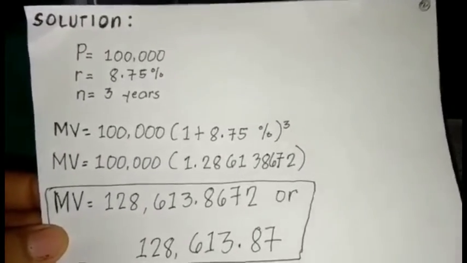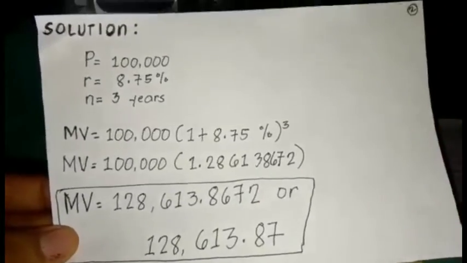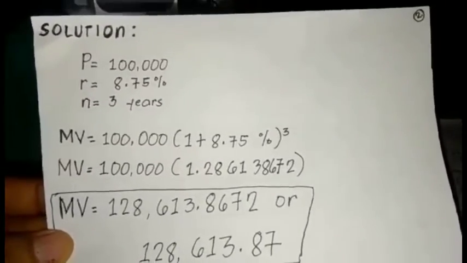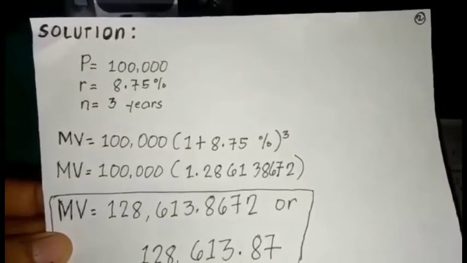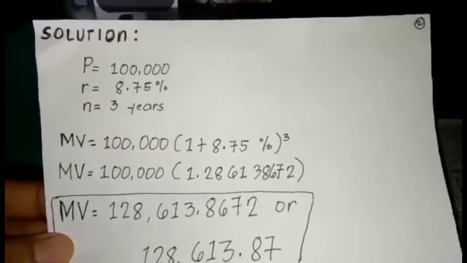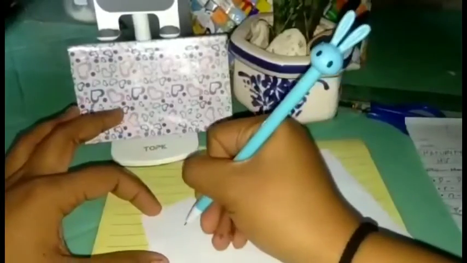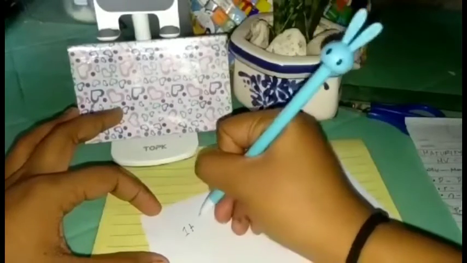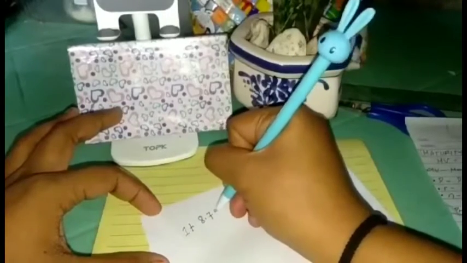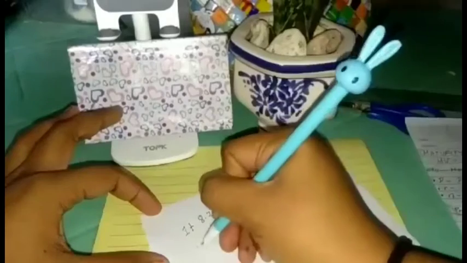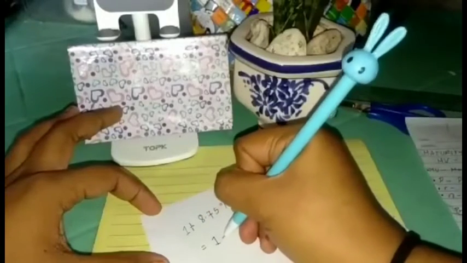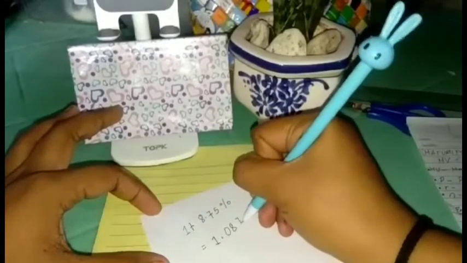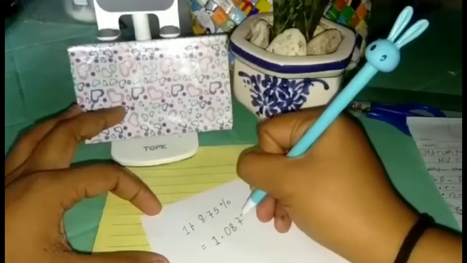First step, we're going to be adding 1 plus 8.75%. So 1 plus 8.75% is equal to 1.0875.